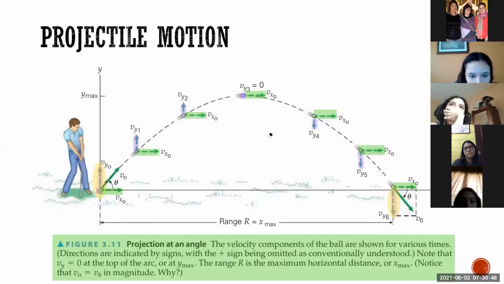Okay, the object will be coming down, and when it reaches the ground, it has the same velocity that it had initially at the beginning in the y-axis. In x, it remains constant at all times.